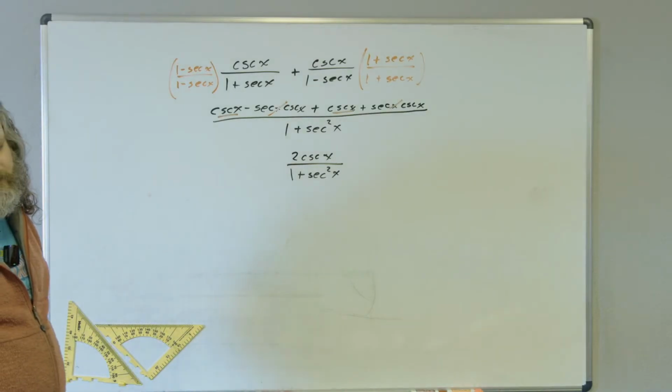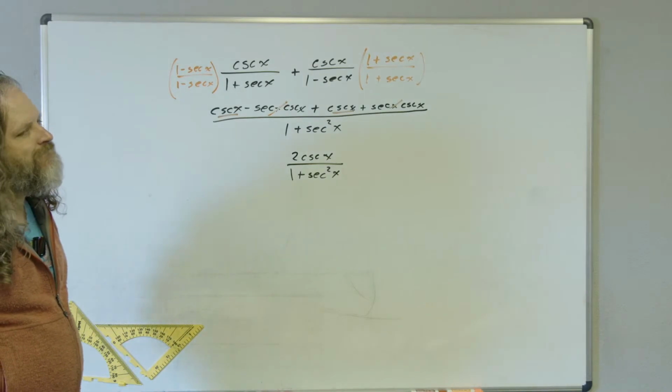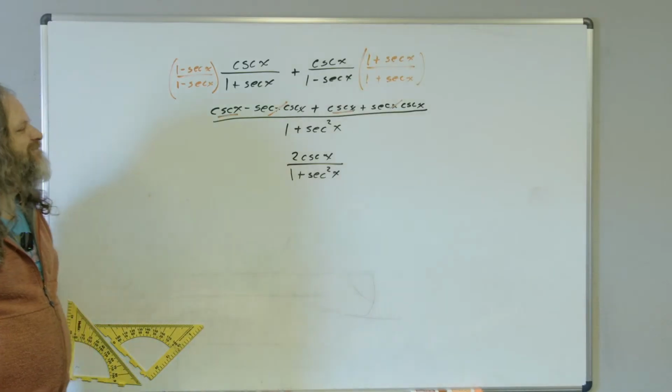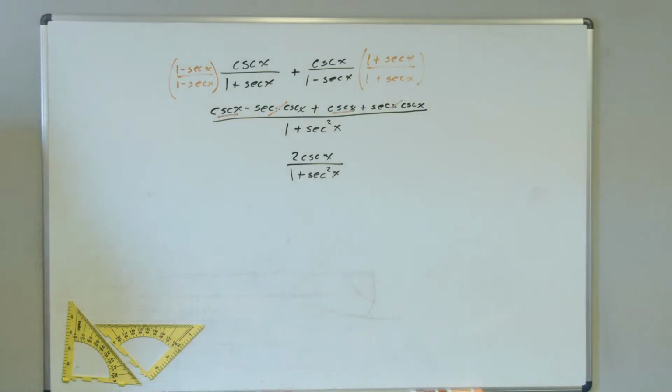And now we have on the bottom, wait, what is it? 1 plus secant x is equal to, no, it's not. It was, and then now it's not.